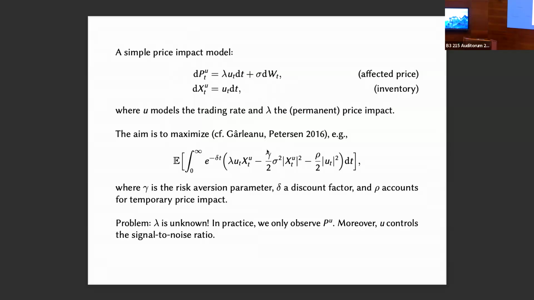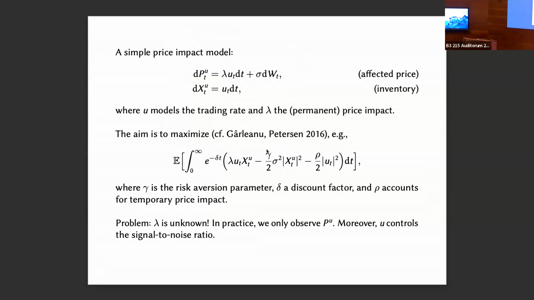You have discrete data, so you will only see this affected price on discrete time steps, and it's very challenging to estimate this lambda parameter, this price impact parameter, because you don't know if price changes come from the Brownian motion that you have in the back, or if they come from this unknown parameter. It's hard to disentangle.